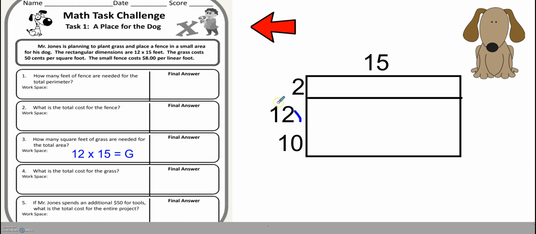Okay, so I broke my 12 up into 2 and 10 to make these numbers easier to work with. Now I also want to break up my 15 to make that easier to work with. And I'm going to break up my 15 into 10 and 5.